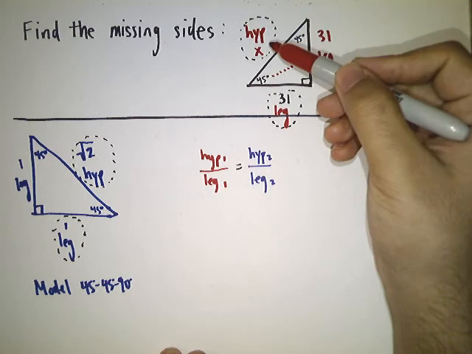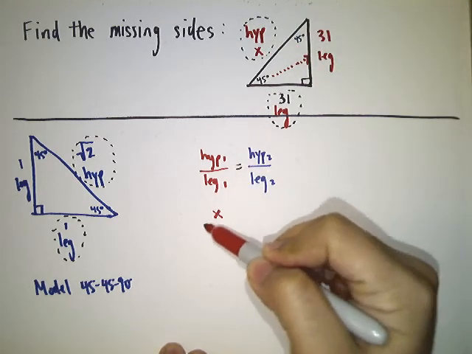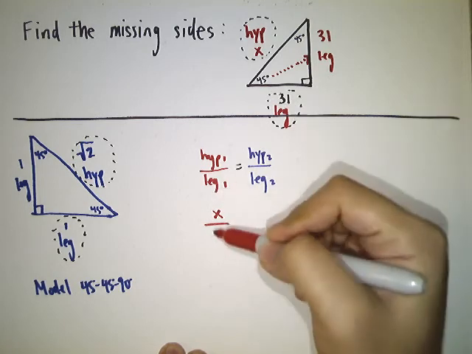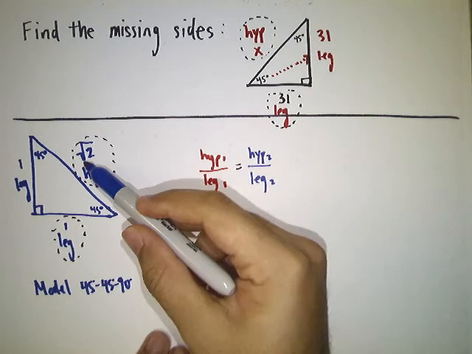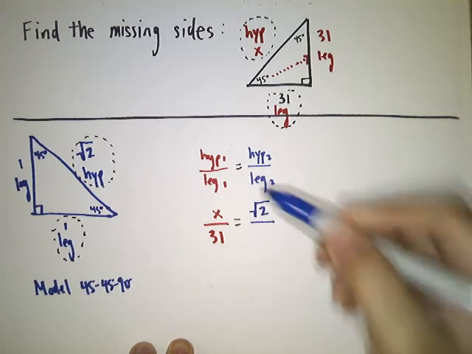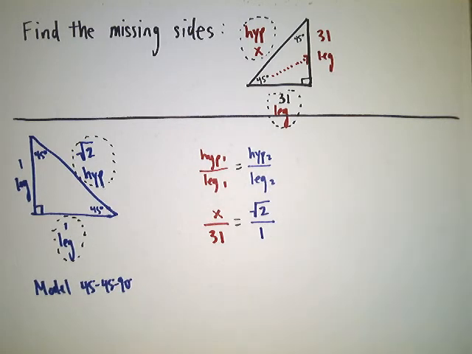Hypotenuse 1 right here, we don't know how long that is, so we're going to call it x. So x divided by leg 1, which is 31 units, equals hypotenuse 2, which in this case is root 2 units long, and leg 2, which is 1 unit long. We've got this proportion nicely set up.